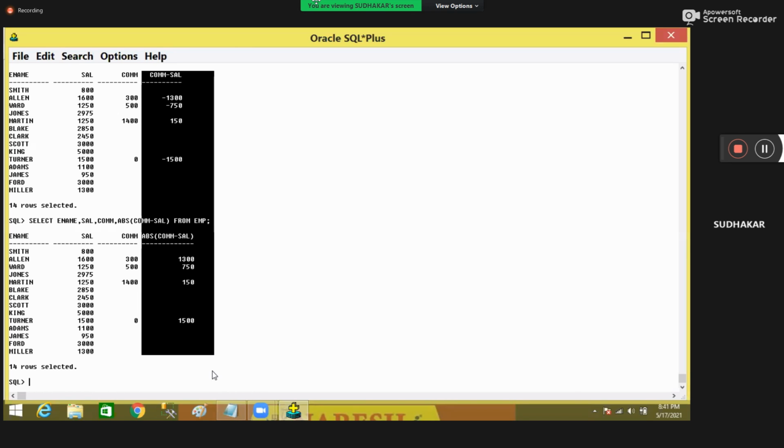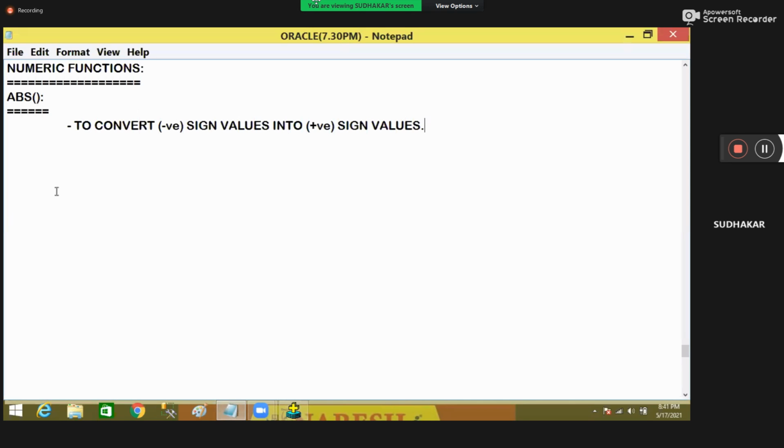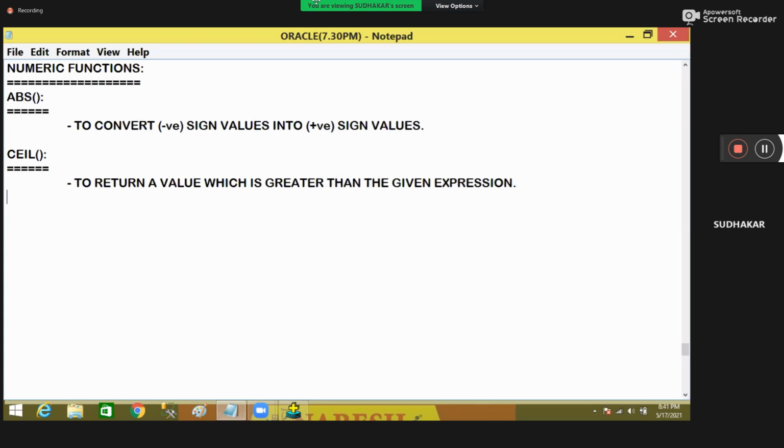Now this is one predefined function. The second one is called the CEIL function. We use the CEIL function to return a value which is greater than the given expression.